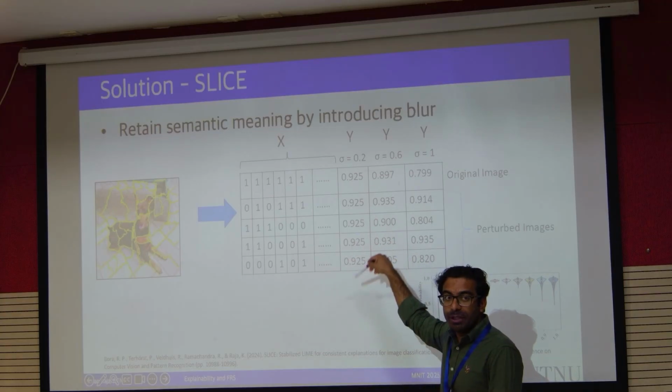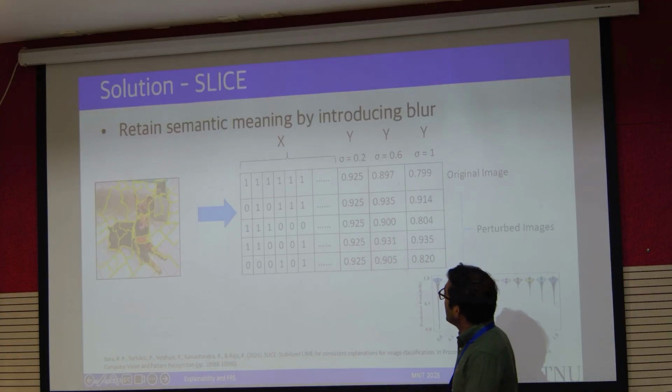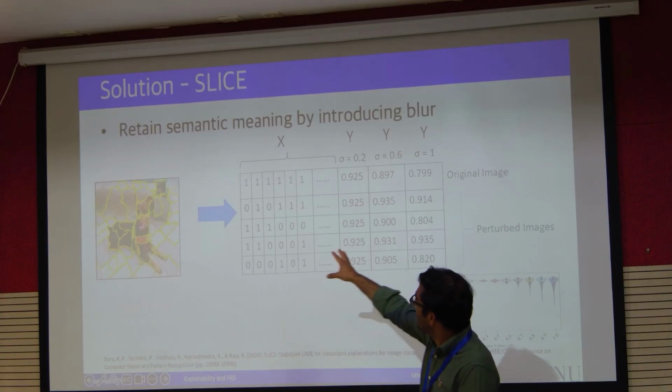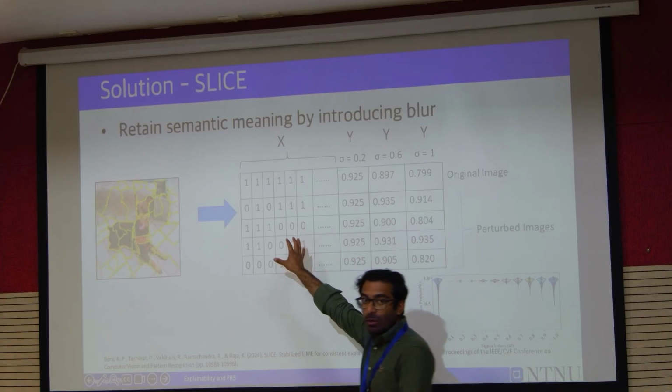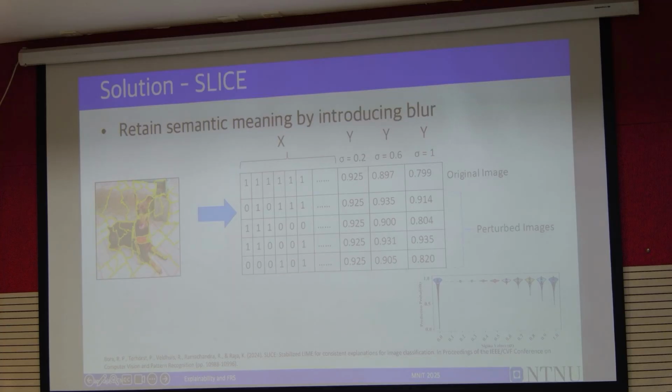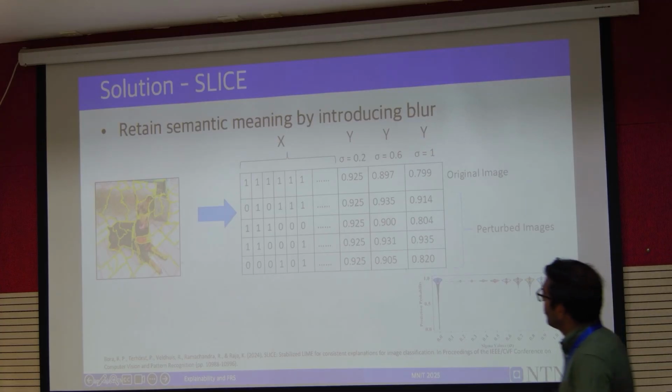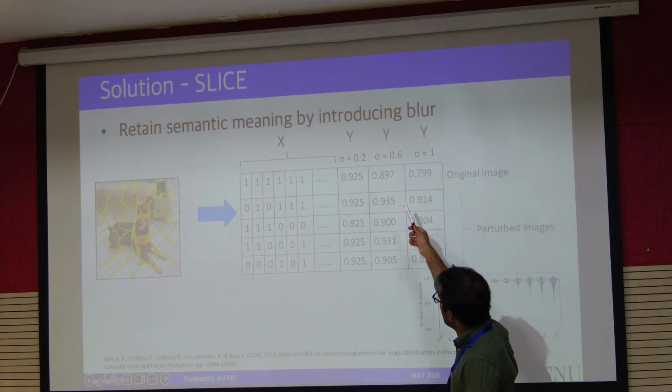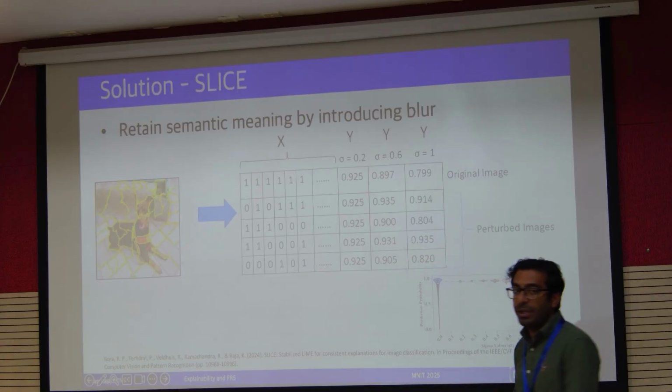The prediction probability is remaining consistent. Now, since I have this framework already available, what is stopping me from perturbing multiple times with different configurations? So I keep on perturbing it using different configurations. With sigma equals 0.6, I get a different prediction probability, and again with sigma equals 1, I get a different prediction probability, and so on.